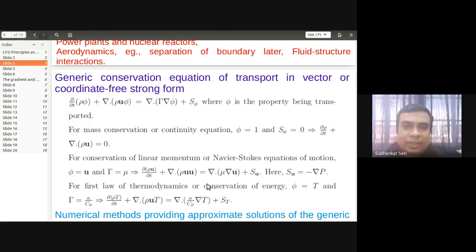We say that in a computational domain where this equation is valid everywhere, fluid mass is present. If fluid mass is present at every point, then only the velocity, temperature and pressure will be present and continuous. If it is working in a continuum, then the equation we are writing is a continuum equation.